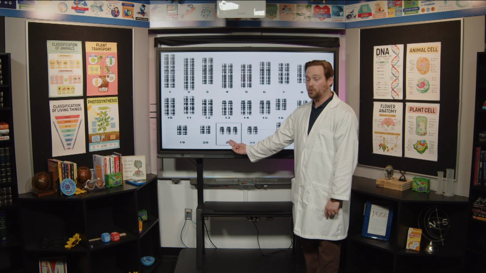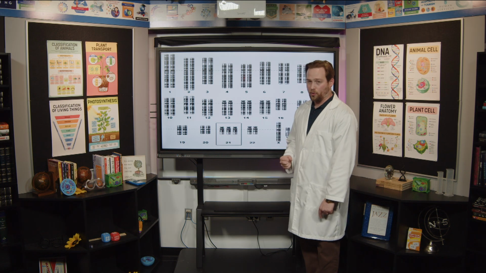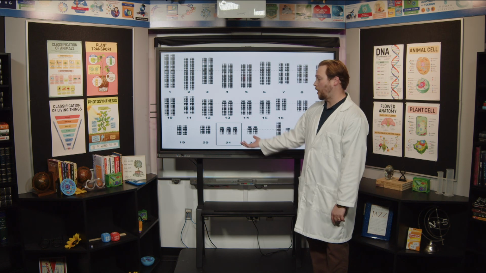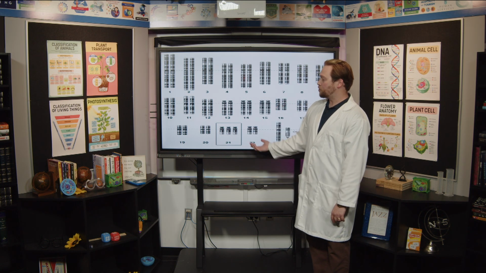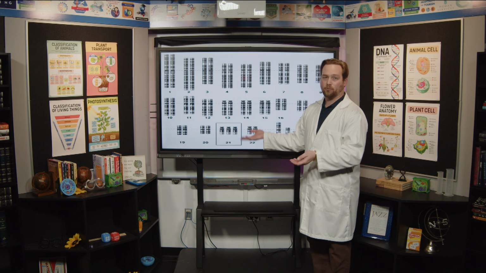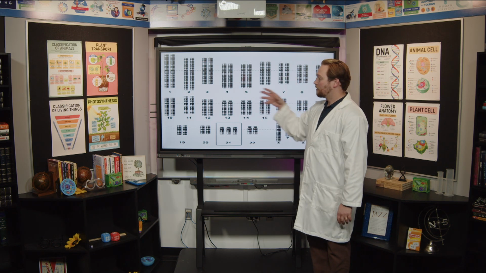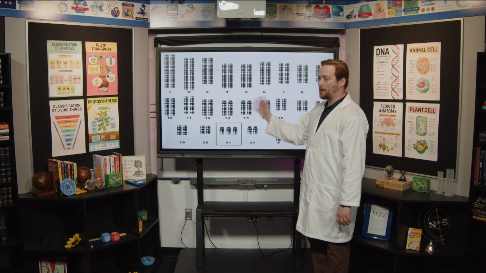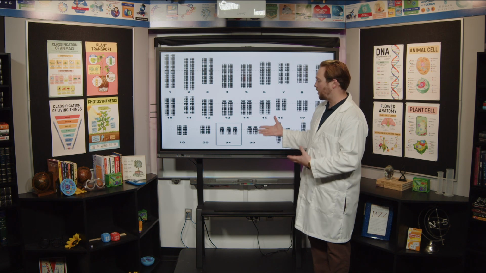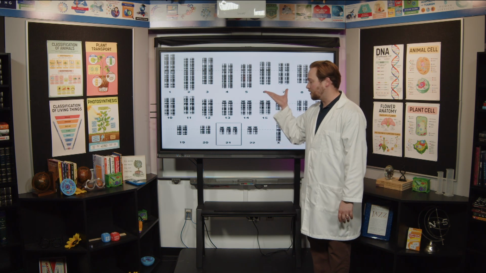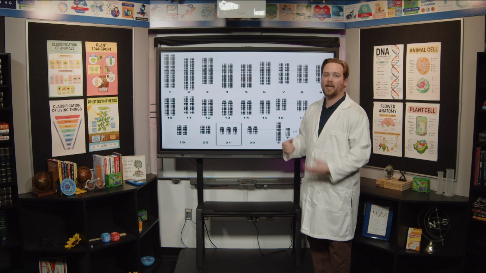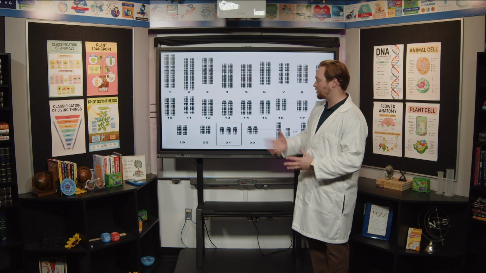Instead of just 2, this person has 3 chromosome 21s. So we would call this trisomy 21, but what you probably know it as is Down syndrome. This chromosomal abnormality would result in Down syndrome, and again, this is a result of that nondisjunction.